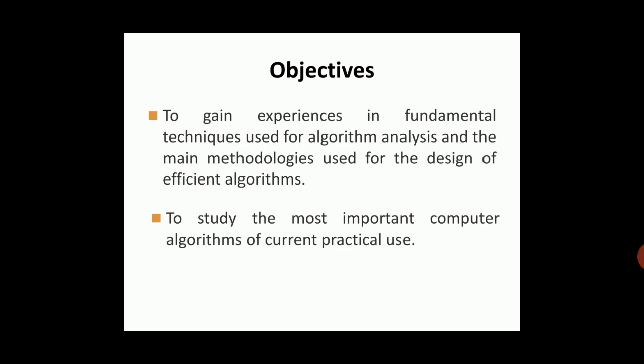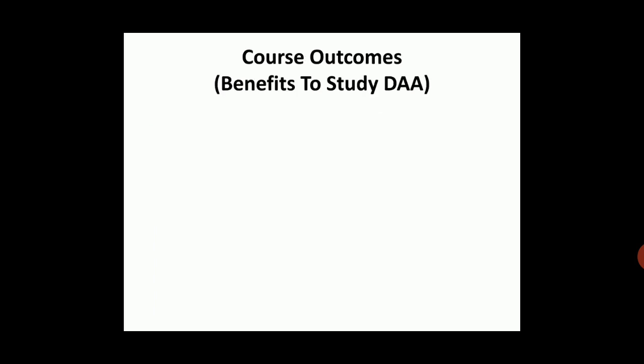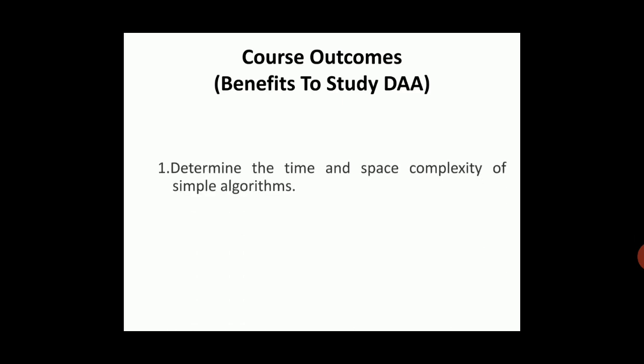After that, I will discuss what we benefit after this subject. That means if a student studies this subject, what is the benefit? First of all, in future we will discuss the complexity of the algorithm.